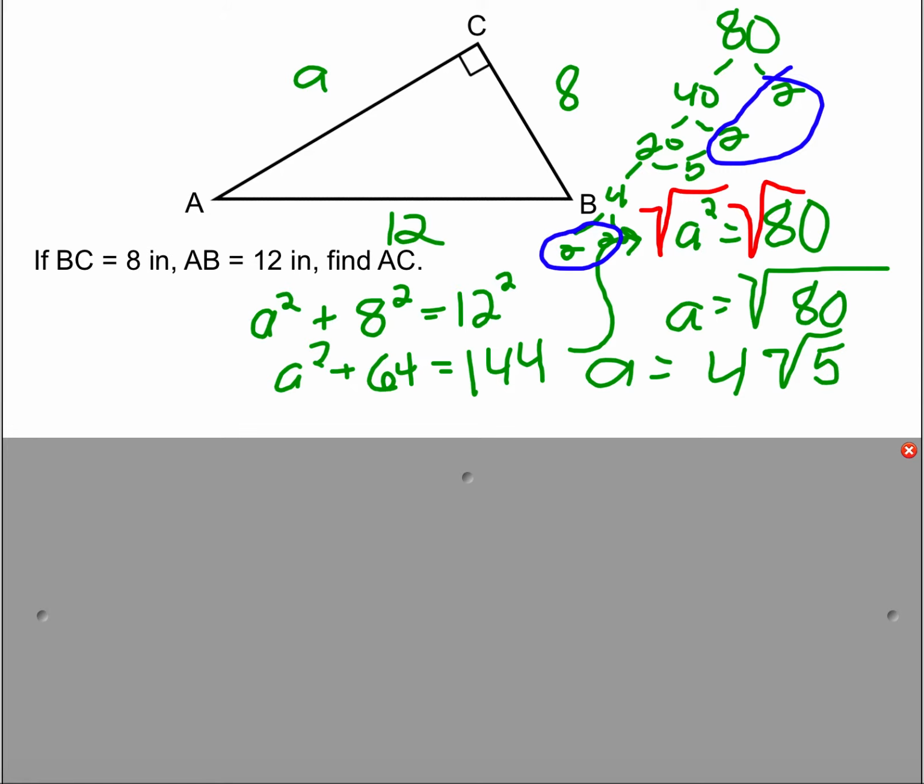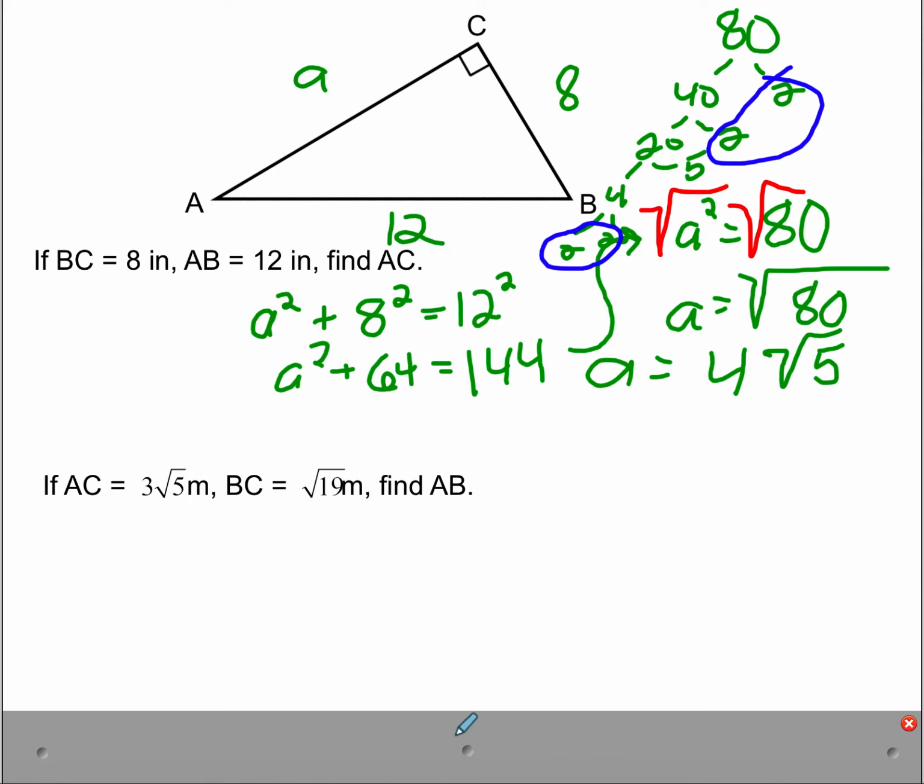That's it. One other quick thing. Don't forget that when I'm squaring numbers that involve a radical, so if I were to put this in the Pythagorean theorem, this would be 3 root 5 squared plus root 19 squared equals AB squared.